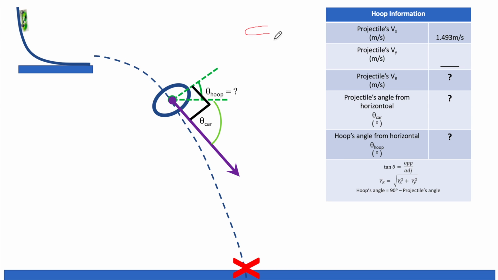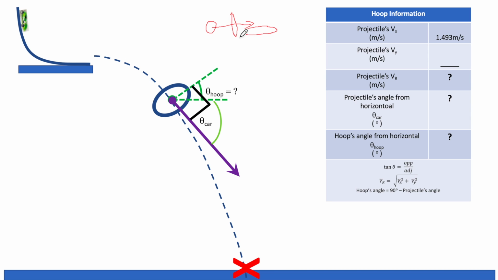Picture this is a basketball hoop, and you have a ball that's coming in this way. Let's pretend there's no backstop. As it comes in here, it's not going to be as easy for it to pass through unless the hoop is more like this, perpendicular to its path.